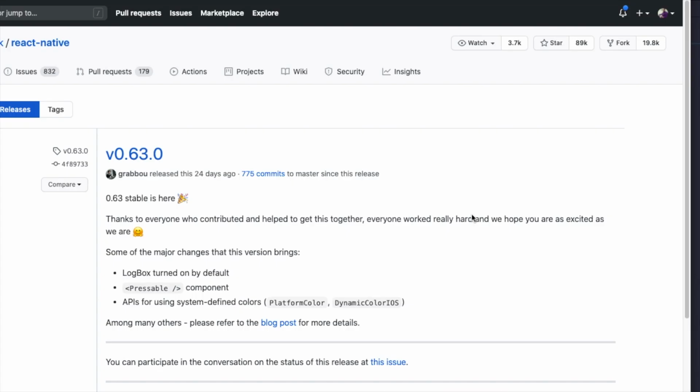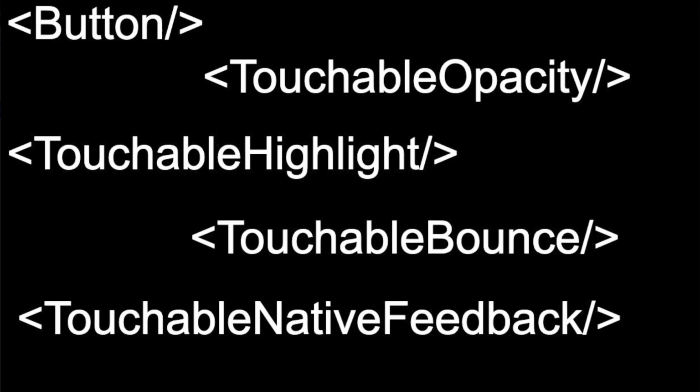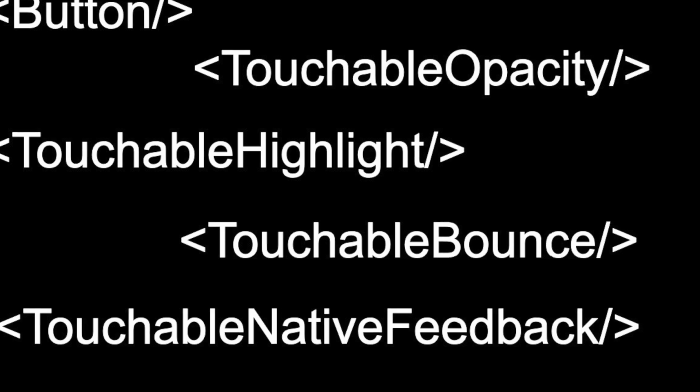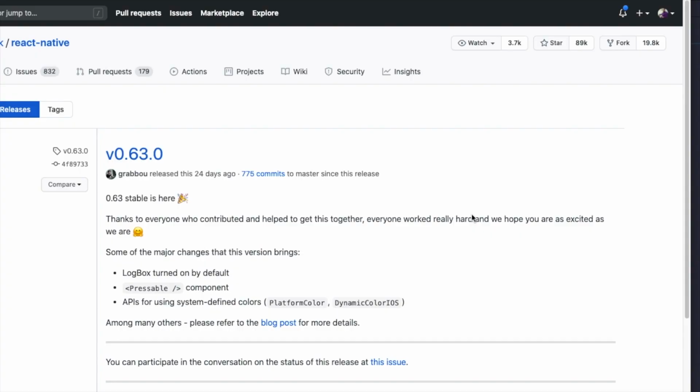So it's growing, but there are certain components that are not growing with it. For example, for interaction, we use a button, touchable opacity, touchable highlights, and other things. But those are not growing with the latest React Native versions. So to overcome this, React Native has introduced Pressable in the latest release.